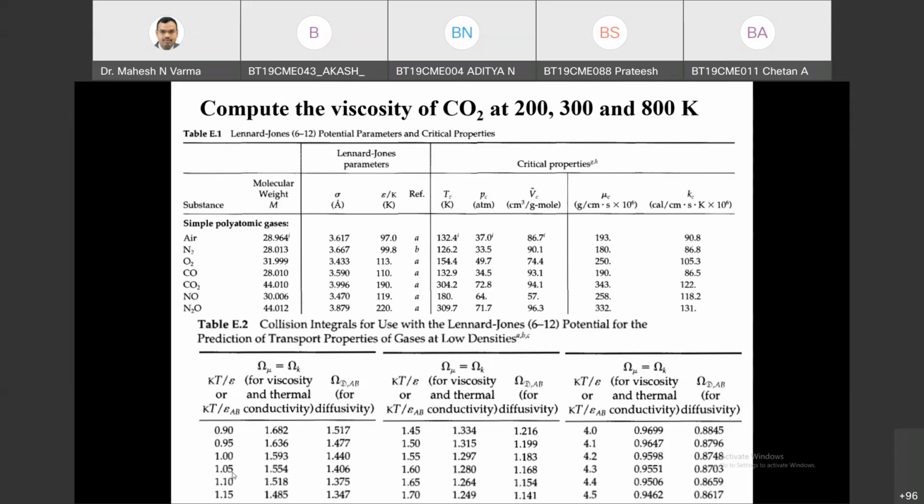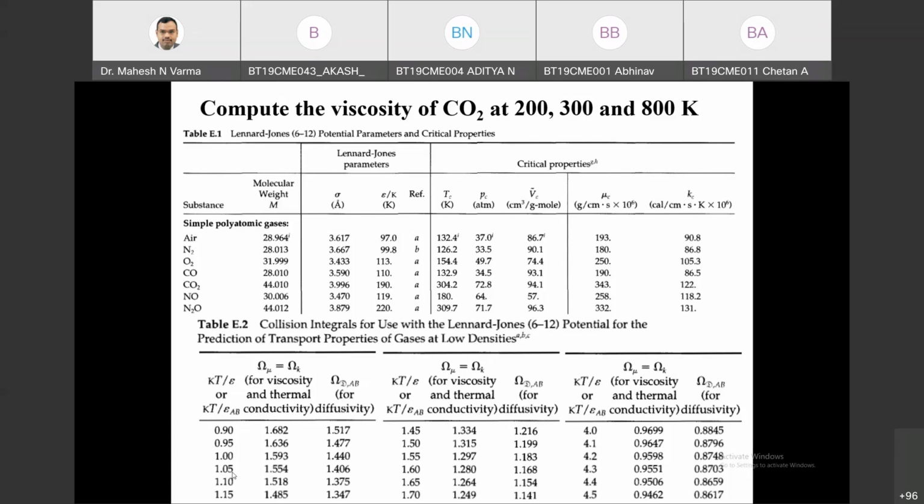Your roll number 1, Abhinav. So what is it for 300 Kelvin? Just repeat all the data first of all. Sir, collision diameter will be the same, that is 3.996. Very good. Then for kT by epsilon, we will divide 300 by 190. That is 1.57. Here you can see 1.57 data is not given. We will take 1.55. 1.55 is given, 1.60 is given.